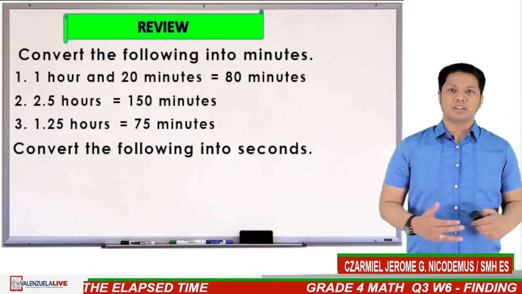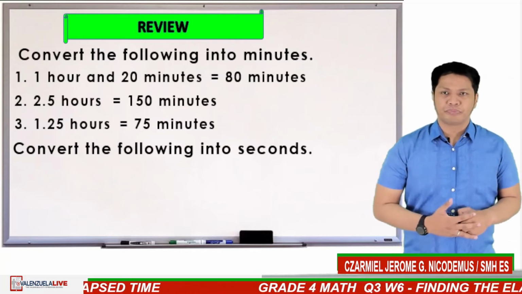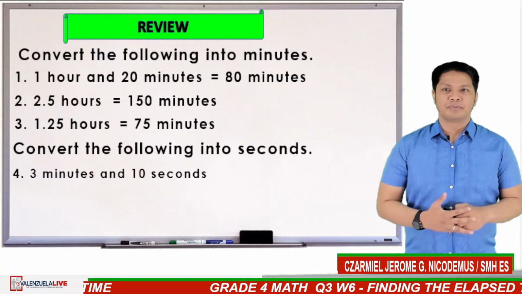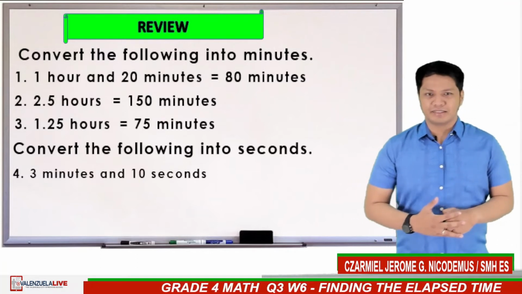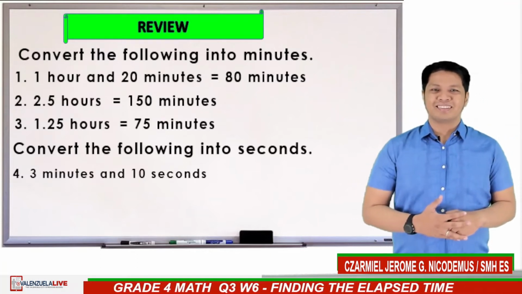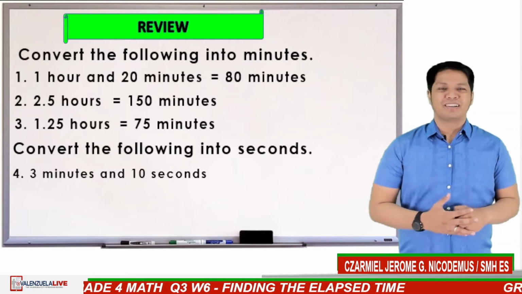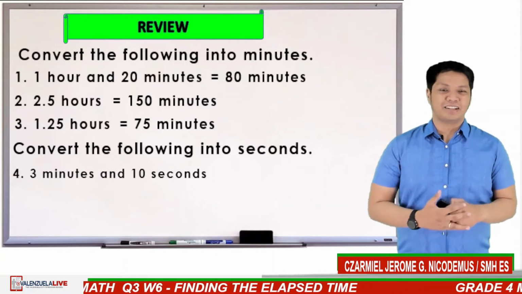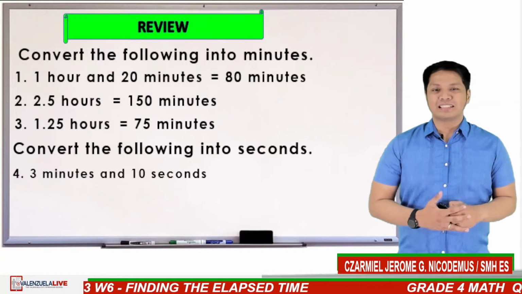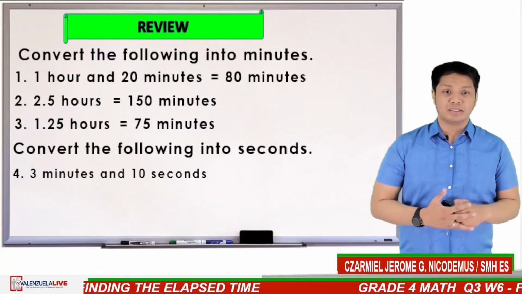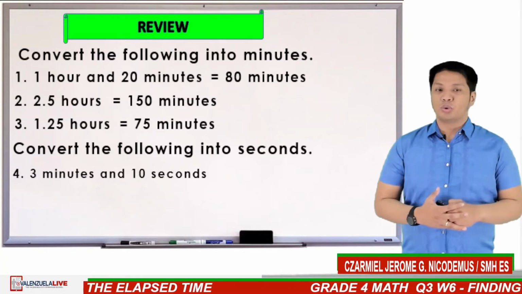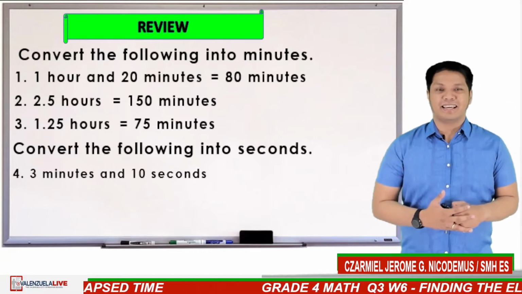Now, let's convert the following into seconds. Number 4, 3 minutes and 10 seconds. Remember, there are 60 seconds in 1 minute. So 60 seconds times the 3 minutes is equal to 180 seconds.